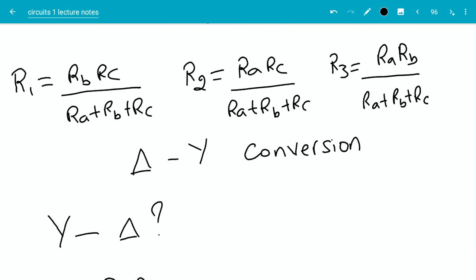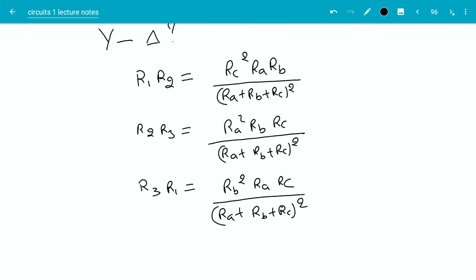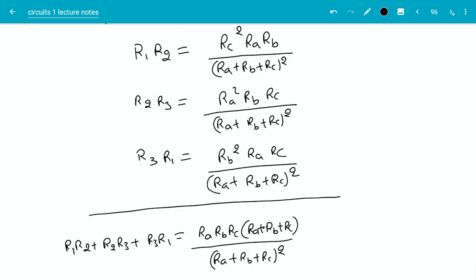Then what about Y to delta conversion? If I take the pairwise products of the resistors R1, R2, and R3, then I get the expressions as shown here. So pause the video here and make sure that you also get the same thing when you multiply these values.